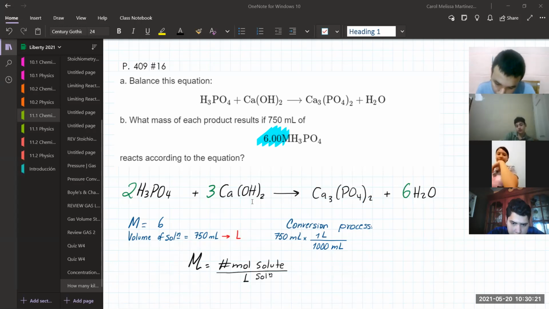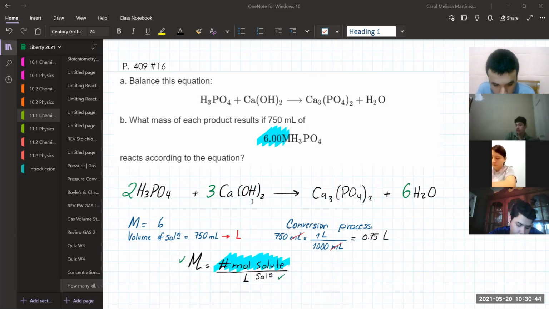You cancel milliliters with milliliters, which gives you as a result 0.75 liters. Okay, so now you know the liters of the solution, and you know the molarity, and you can easily get the number of moles of solute.